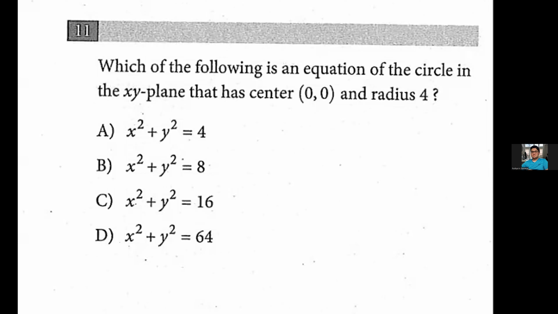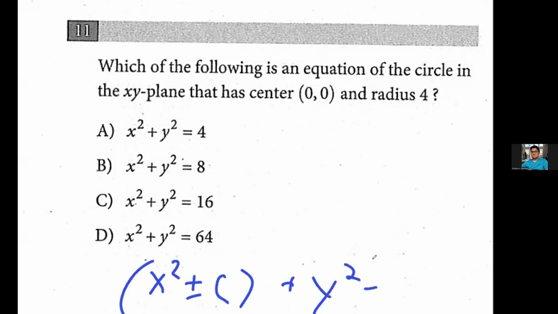Yeah, so for question 11, you could put this into your calculator, but that's kind of a slow way of doing it. The main reason why is that for the circle formula, if you remember what it was, just x squared plus or minus some constant, and then plus y squared plus or minus some constant equals the radius squared.